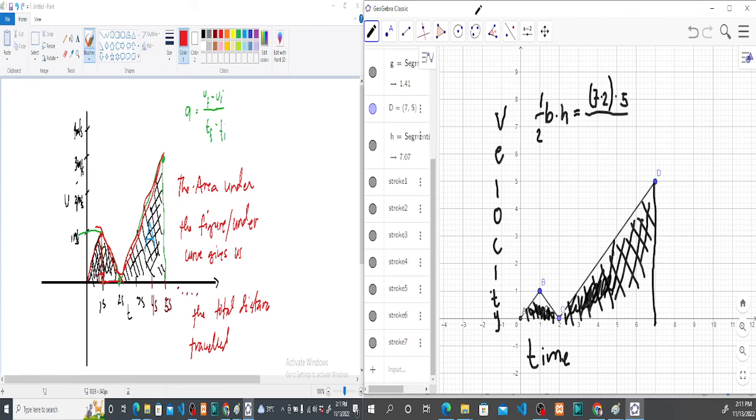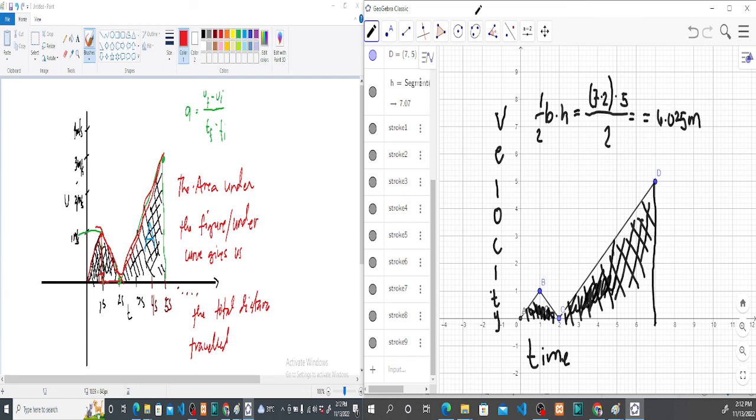Because 5 minus 0. Alright, all over 2. So this one is 5 times 5 divided by 2 is 25 over 2, that's 12.5. Divided by 2 is 6.025. So this is 6.025 meters.